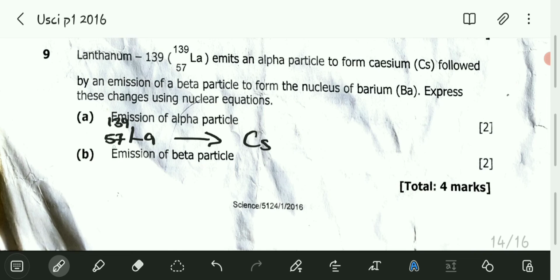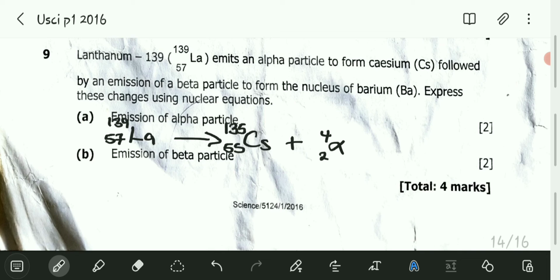So 57 minus 2 gives us 55. The mass number will reduce by 4, which is 139 minus 4, giving us 135. So this is the cesium that is going to be formed, plus our alpha particle with 2 and 4. That will be the equation for the emission of an alpha particle.